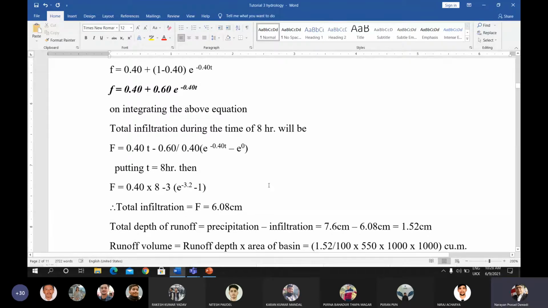E power minus 0.40 t, which gives the equation: putting t as 0.40 into 8 minus 0.60 divided by 0.4, which becomes the value of 1.5.